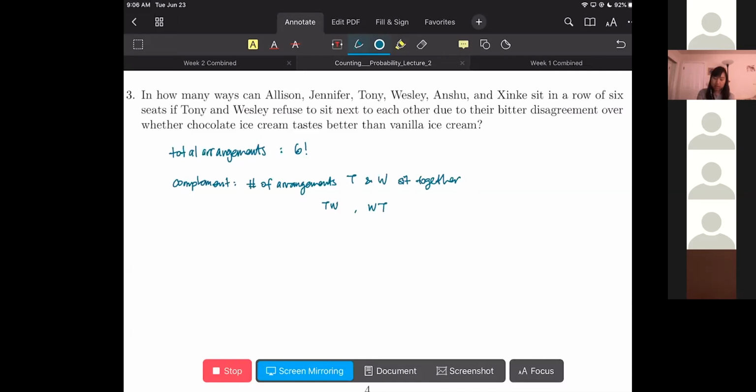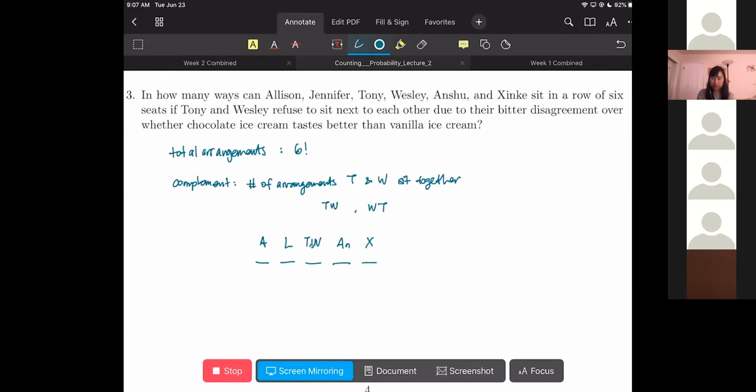Yeah, so let's see how to count this one. In this case, since we want Tony and Wesley to sit together, we're really only permuting 5 things. We're permuting basically Allison, Jenny, the combination of Tony and Wesley, Anshu, and Xinke.